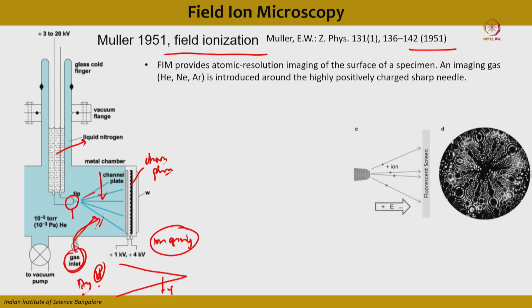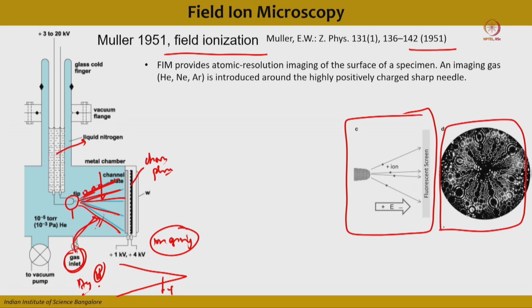Due to the field developed by the potential applied, the electric field lines will be in this direction, and these gas ions will accelerate along these field lines and hit the channel plate. Now on the right side, this is the schematic, and I am showing you one image here, which is called a field ion image.